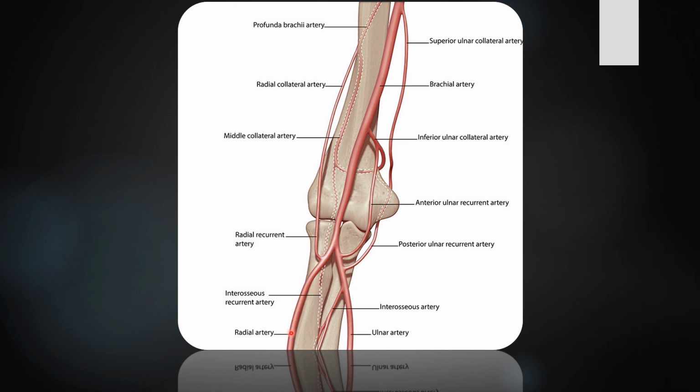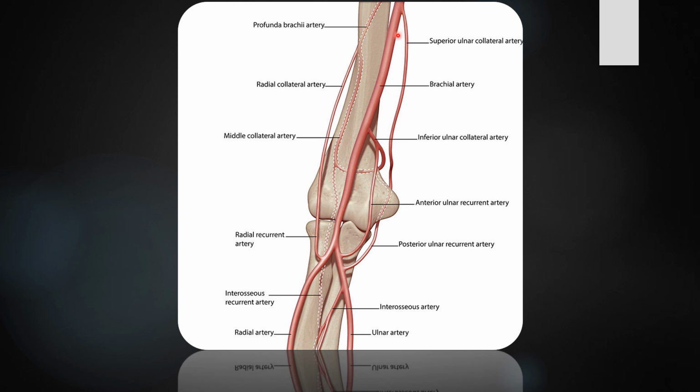The radial artery runs along the lateral side of the forearm, and the ulnar artery runs along the medial side of the forearm. So the brachial artery is the continuation of the axillary artery below the lower border of teres major, and it gives two terminal branches.